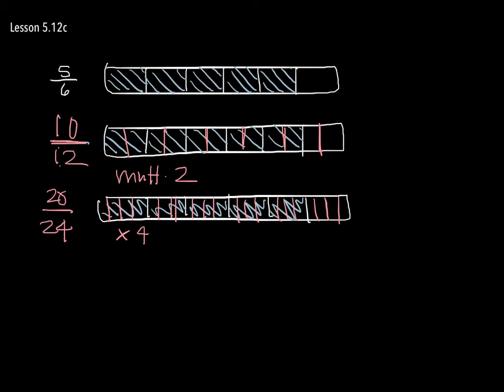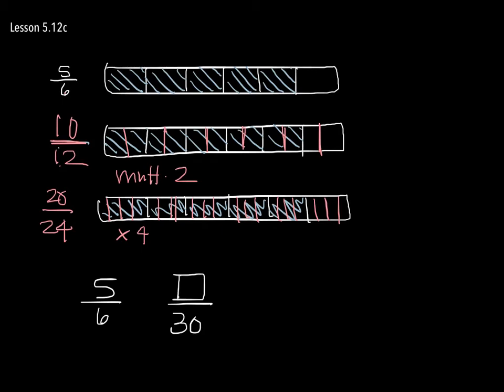Now, it's the same thing. But what we've been working on, boys and girls, and what we talked about yesterday, is looking at equivalent fractions and looking at them in terms of this, where we have to figure out the multiplier to figure out this unknown.